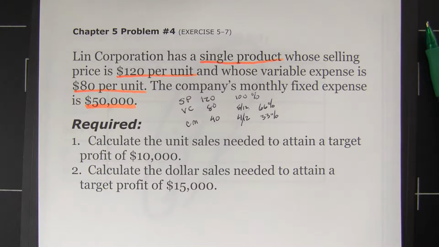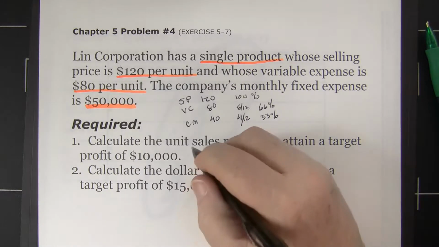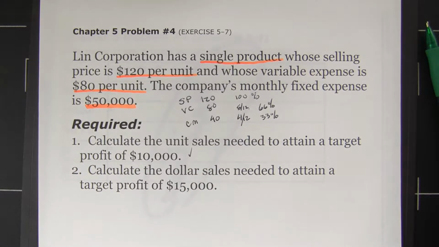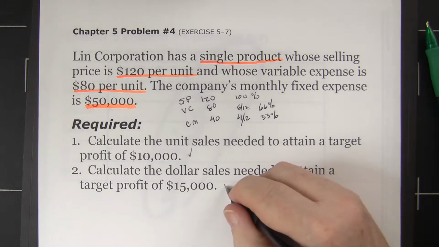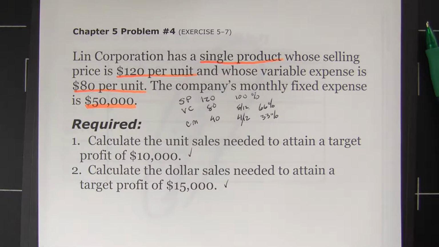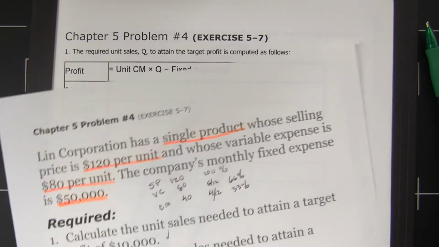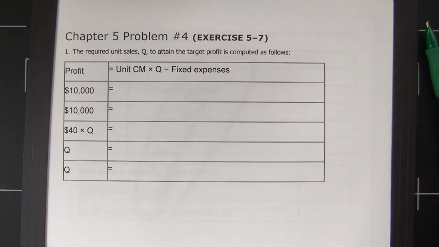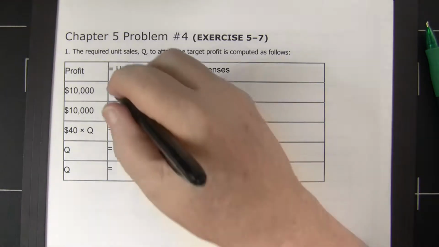Now, it says calculate the unit sales needed to attain a target profit of $10,000 and a target profit of $15,000. We can do that. We're going to do it the book way so that you know I'm not a total slacker. So we're looking for $10,000 in target profit.